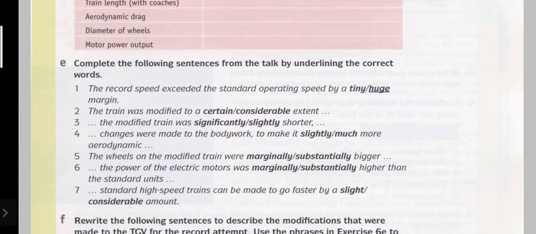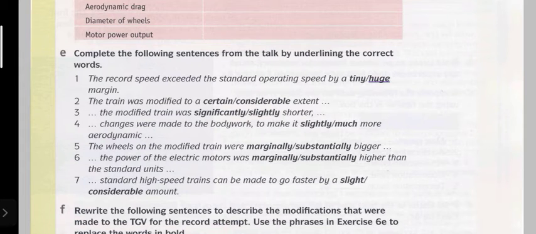All of this is from the audio script. كل ده من اللي احنا سمعناه. احنا دلوقتي لسه ما حليناش حاجة من السلايدز اللي احنا خدناها. هنشوف هو قال إيه. Complete the following sentences from the talk by underlining the correct words. Number one, the record speed exceeded the standard operating speed by a tiny or huge margin. Huge. Yeah. Number two, the train was modified to a certain or considerable extent. Certain.